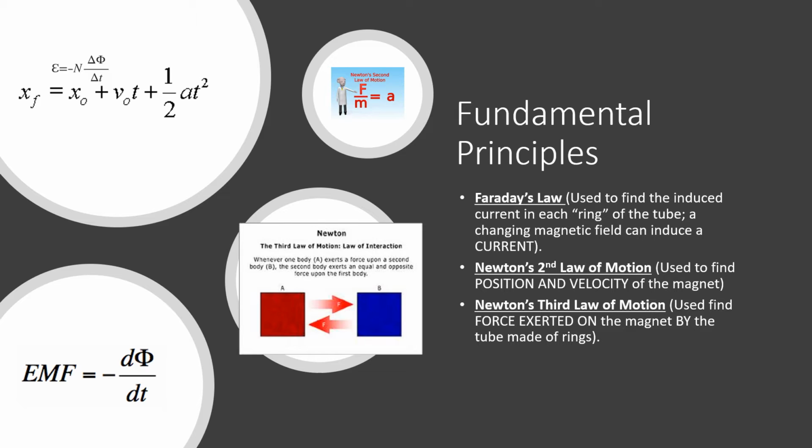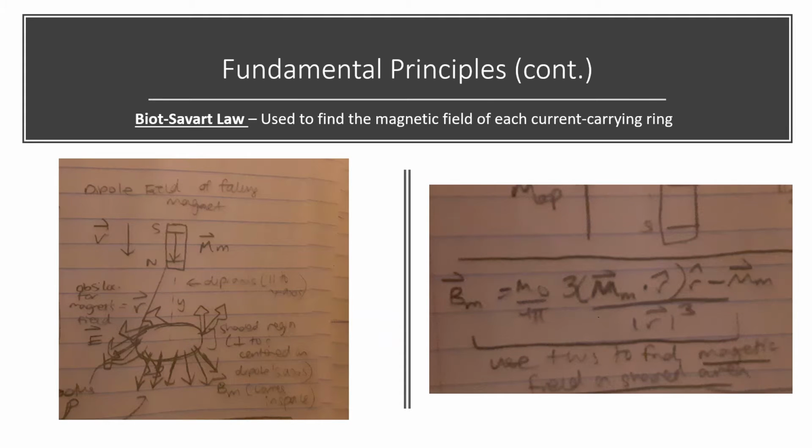To clarify, the aluminum tube is modeled by a series of rings in GlowScript. The final fundamental principle we have is the Biot-Savart law we've commonly used throughout this course, but this time it's used to find the magnetic field of each current-carrying ring.